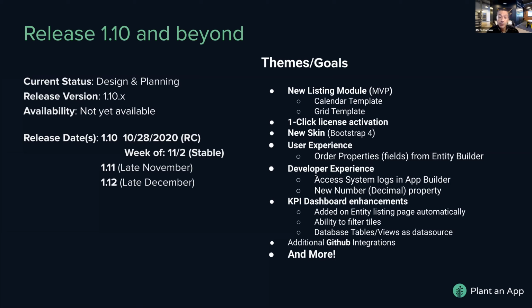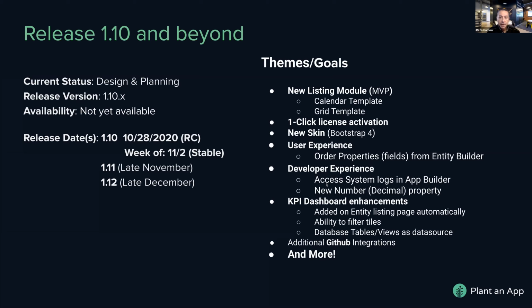We've got a really slick new skin we're working on. In this release, we're just getting the groundwork for it laid and testing it out with all the modules, probably releasing that in 1.11. And then a couple of the things I want to show here in a second.